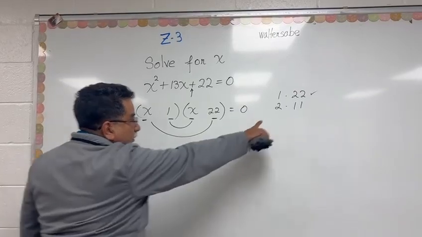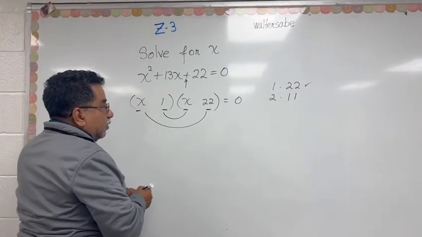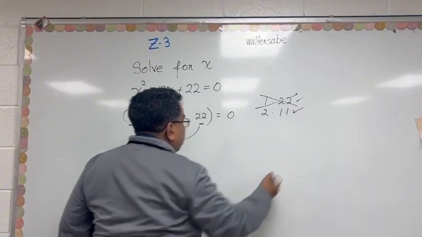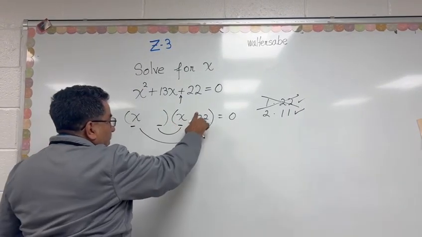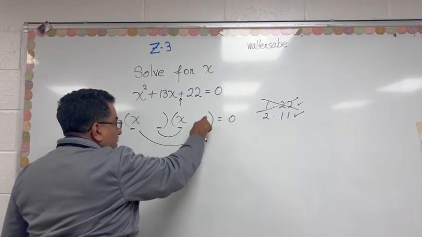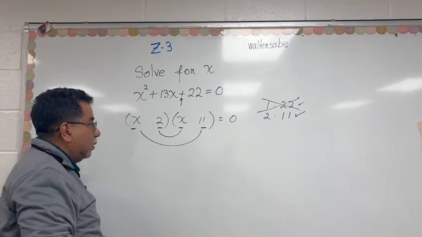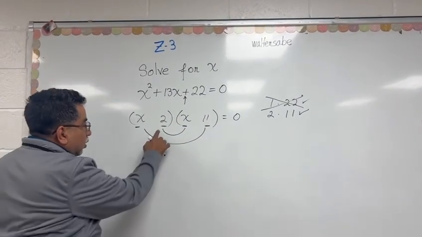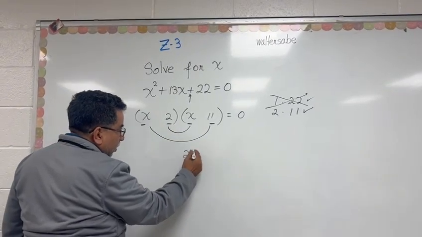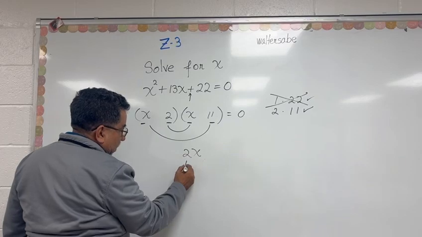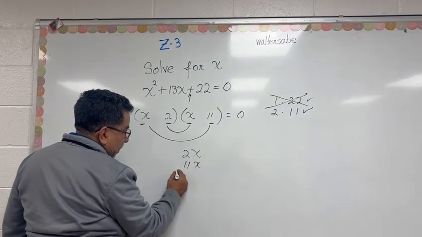I need to use the second one. So this choice here is out. Let me use the second choice. Two times 11. So let's multiply. 2 times x, 2x. 1 times 11, 11x.